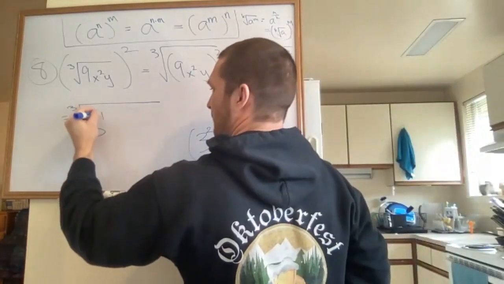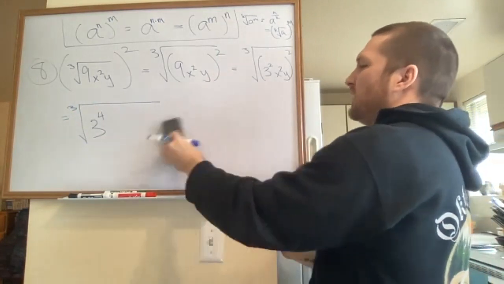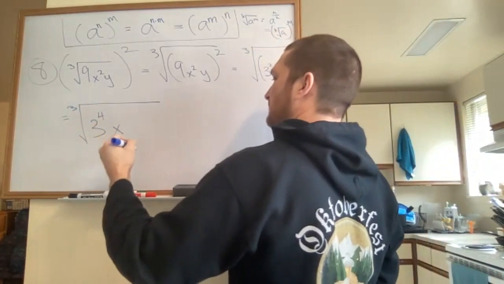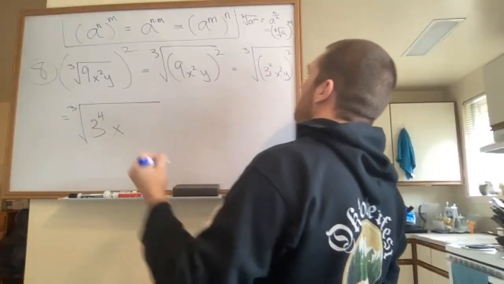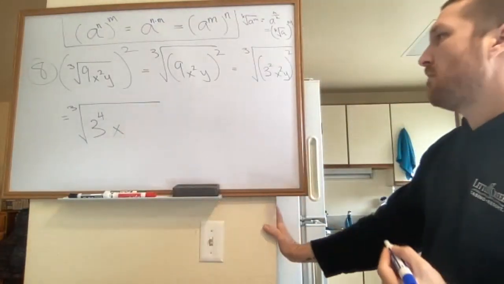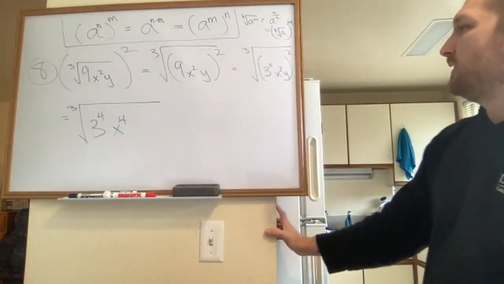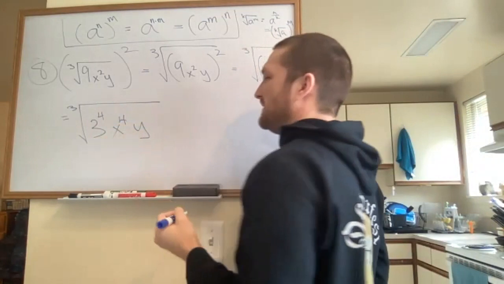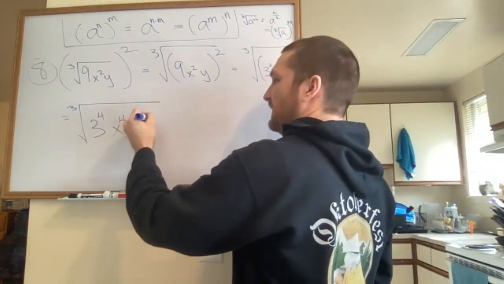So 3 to the 4th. Well, it's kind of the same thing with x squared, right? x squared squared is how many x's? 4. And y squared is how many y's? 2. There we go.